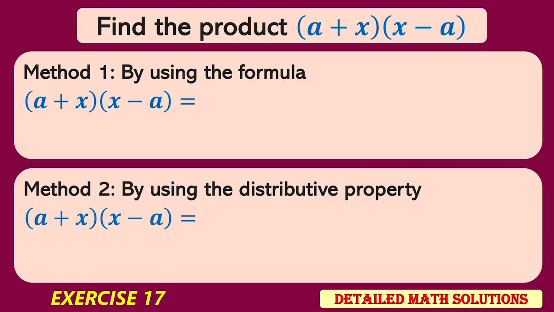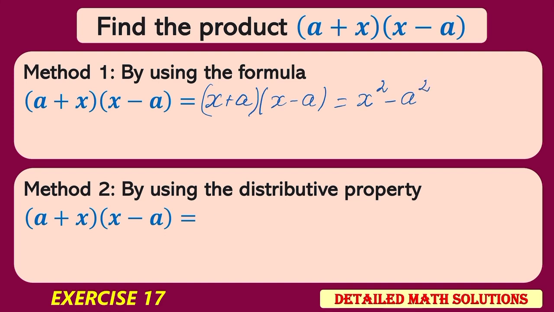Next exercise, find the product (a plus x) multiplied by (x minus a). Again, I can write this expression as (x plus a) multiplied by (x minus a). And this way I can apply the formula, and this equals x squared minus a squared.